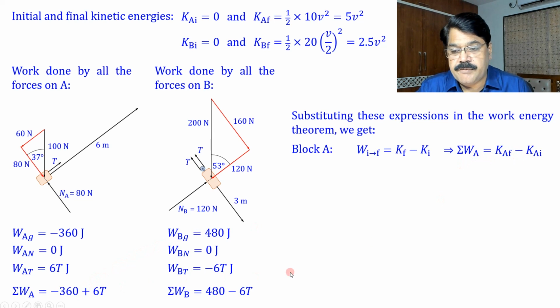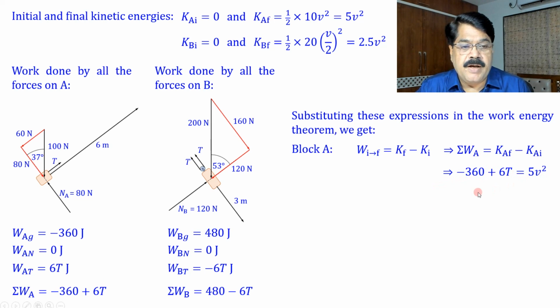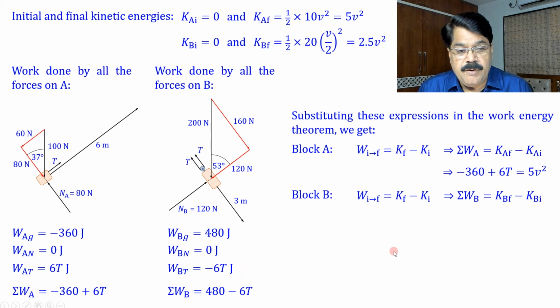So what we get: minus 360 plus 60 is equal to 5v square. Same thing we do for block B. Summation WB is equal to Kb final minus Kb initial. For this we substitute this value. So 480 minus 60 joule is equal to 2.5 v square.